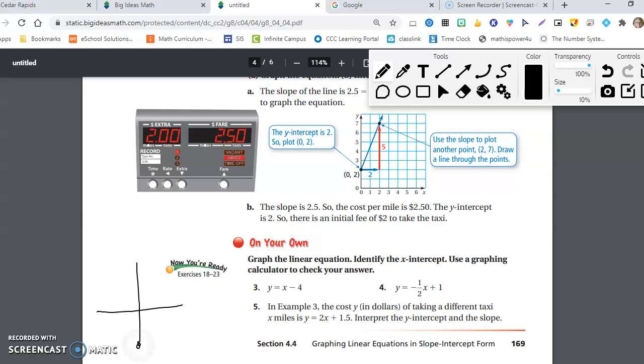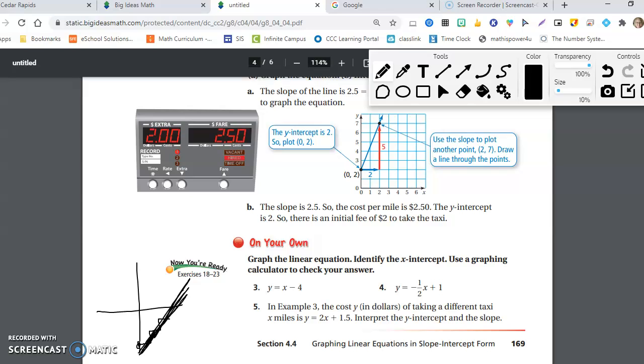So you should go up 1 square, to the right 1 square, put a dot. Up 1 square, to the right 1 square, put a dot. Up 1 square, to the right 1 square, put a dot. Then go ahead and connect your points. It should go up in that fashion. And then your x-intercept, I believe, should be at 4.